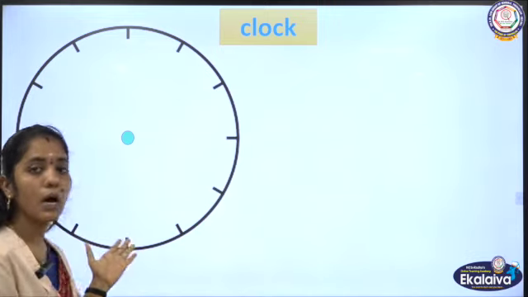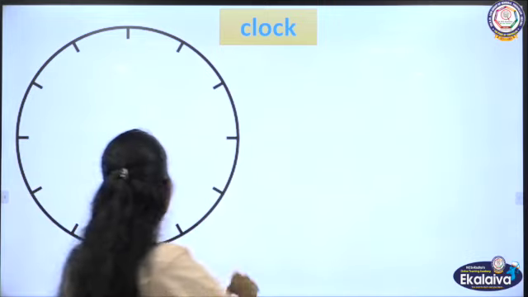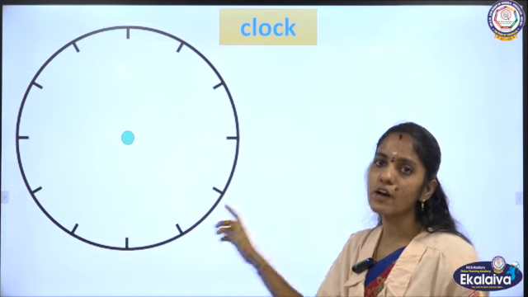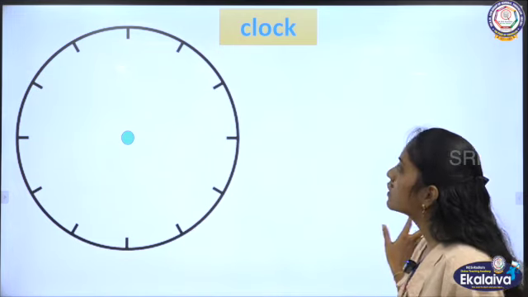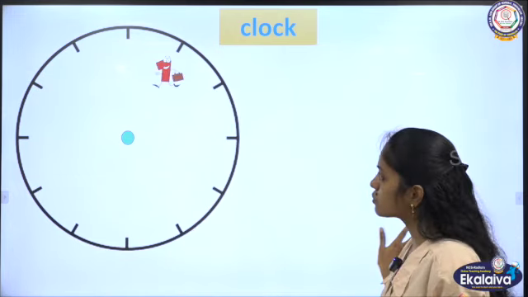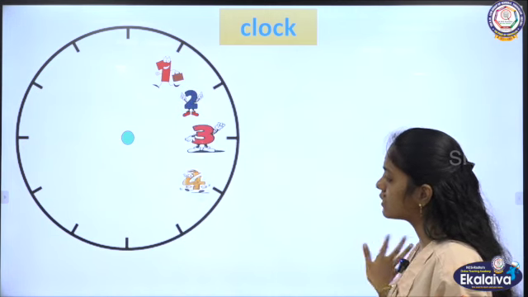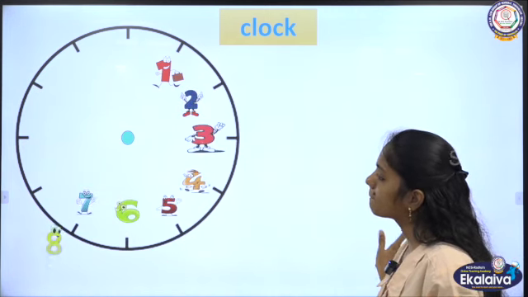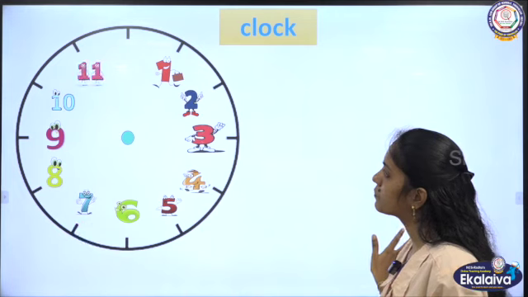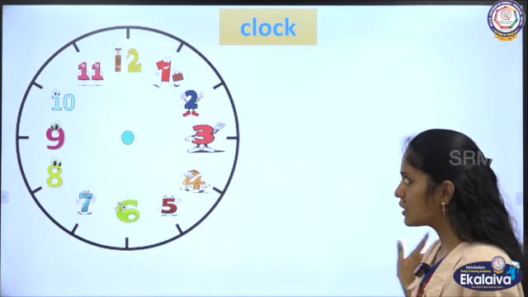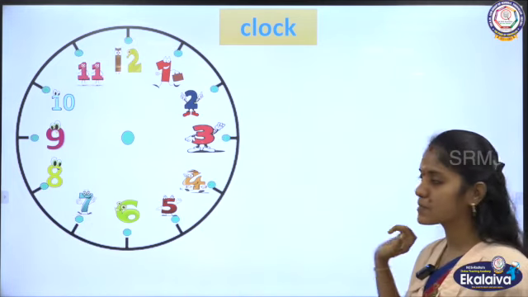Now, let us see about the clock. The circled front side is known as the face of a clock. Numbers from 1 to 12 are arranged in a circular manner. There are dials with equal gaps.